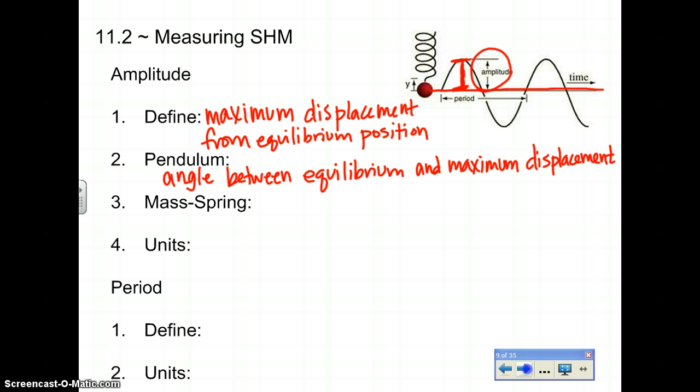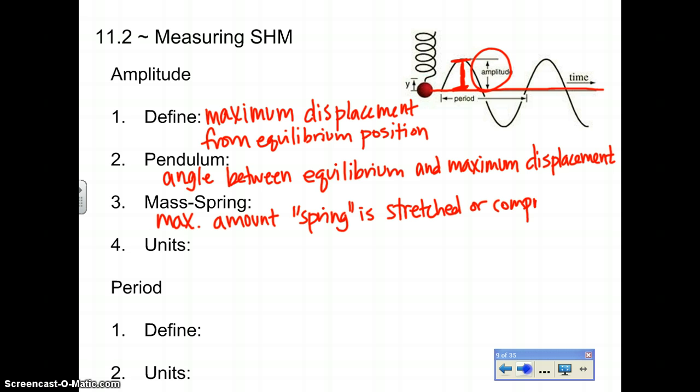This is maximum amount, I'm just going to abbreviate that, and then loosely use the word spring is stretched or compressed from equilibrium position. The units that you're going to use for all of them, 1, 2, and 3, are going to be meters.